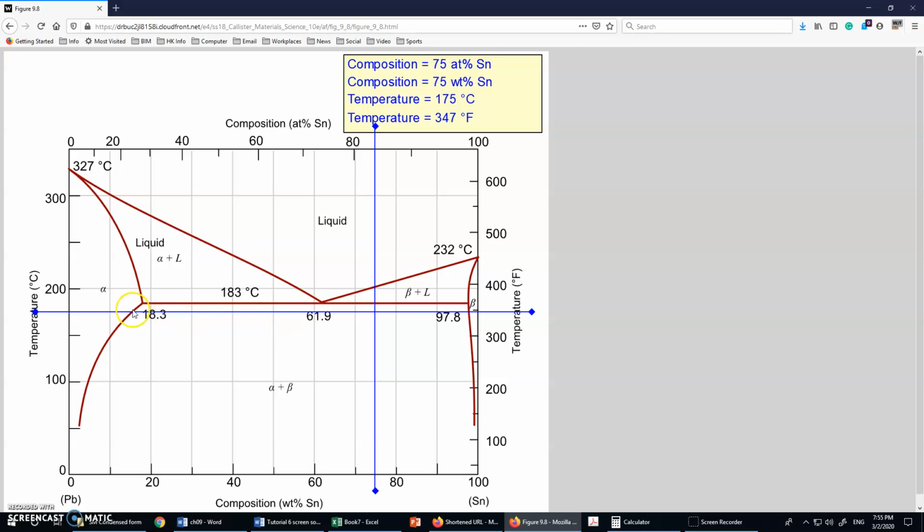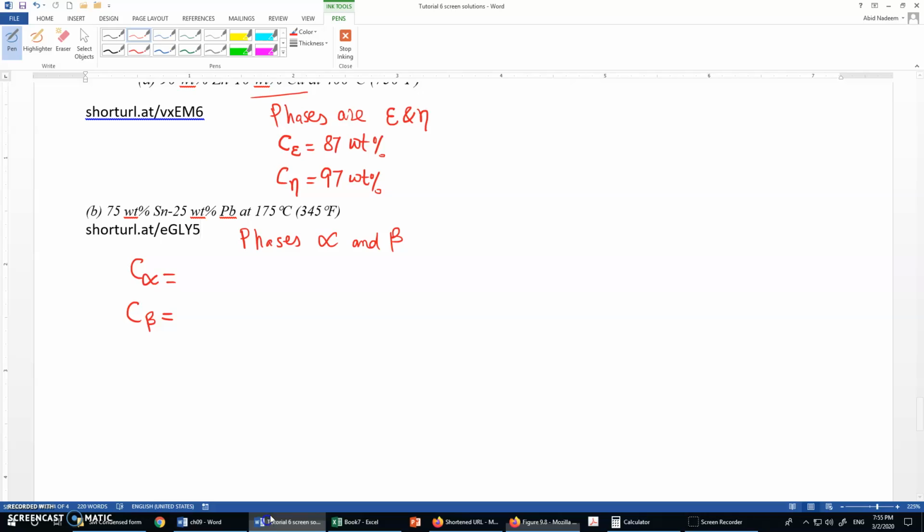The tie line is this. The composition of alpha will be here, about 15%, and the composition of beta will be here, about 98%. So 15% and 98%.